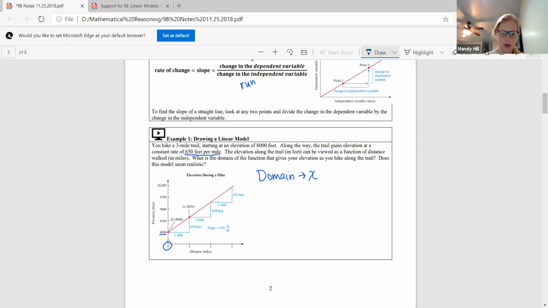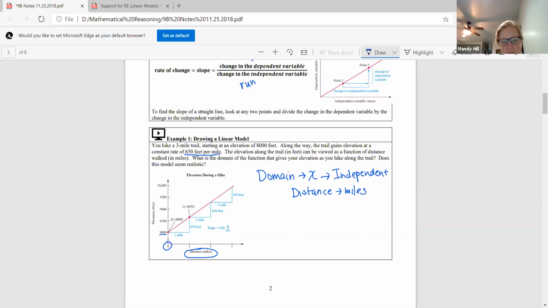And our domain here, we can tell because we've got a graph, is also our independent variable, and it is distance in miles.